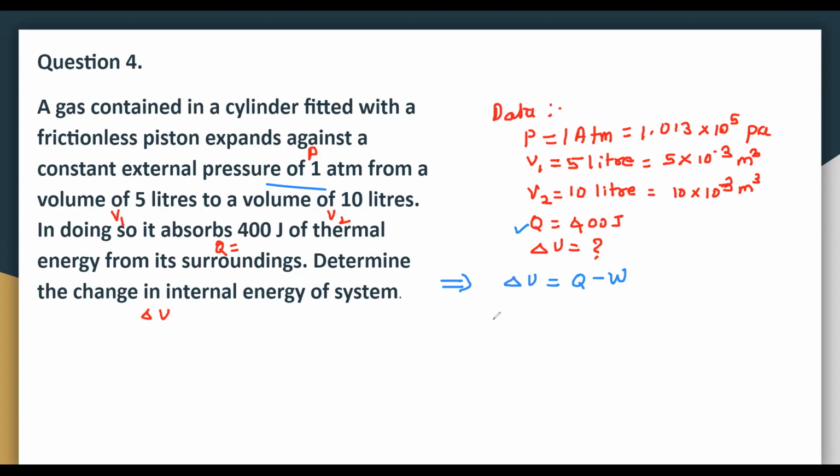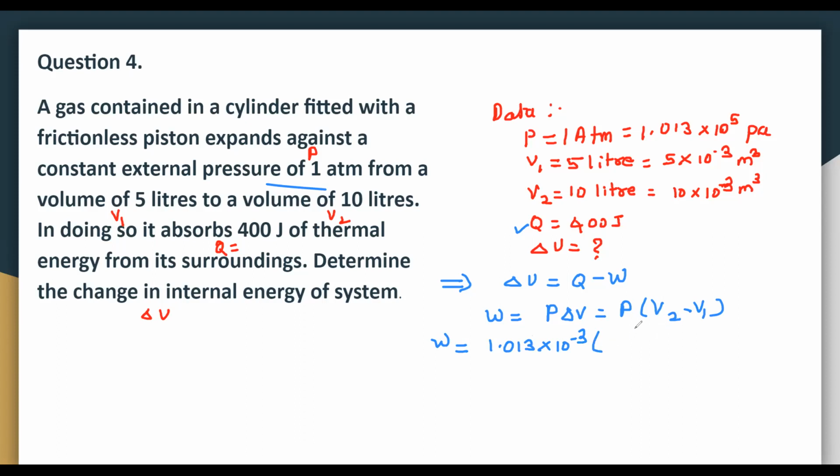For work done by the system on its surrounding, formula we are having, that is work done is equal to P into del V, which is nothing but P into V2 minus V1. Now let's put all values. Work done is equal to pressure is 1.013 into 10 raised to 5.